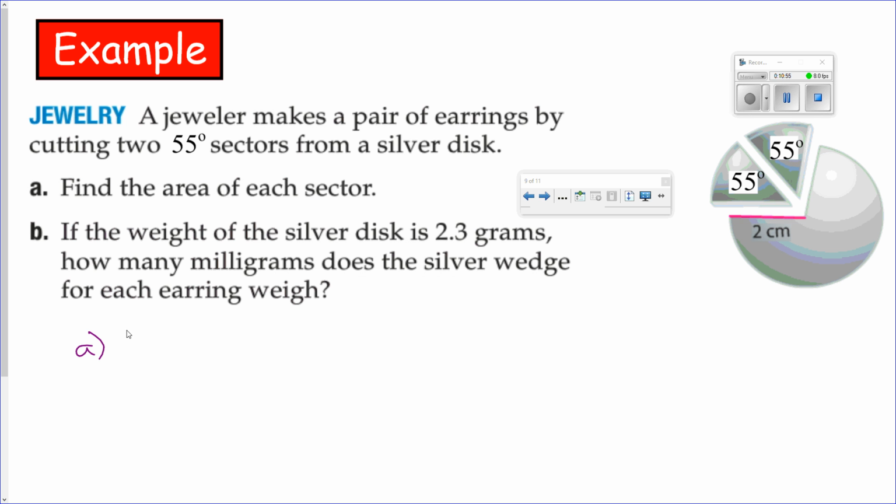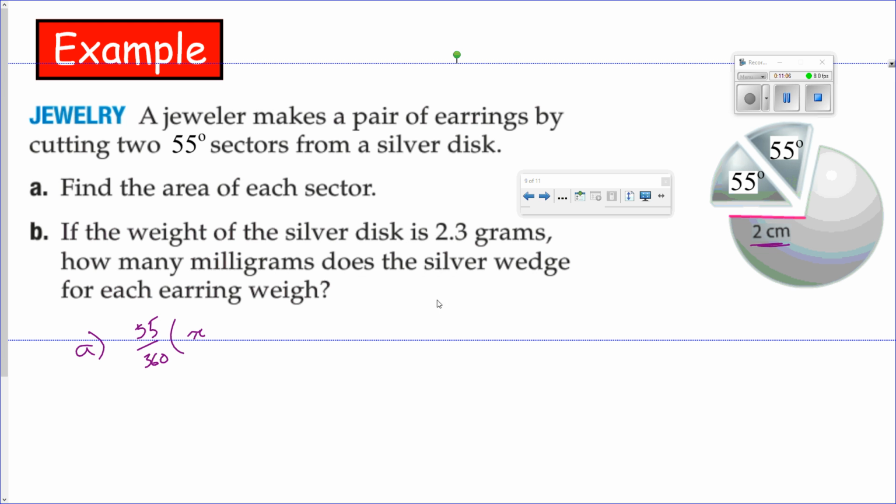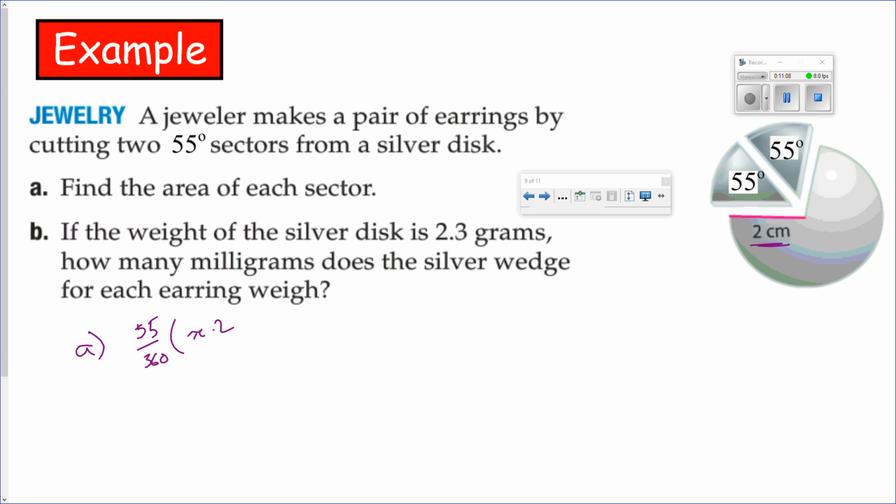Okay, for A, we need to do 55 degrees over 360 times pi. The radius, which is right here, is 2 centimeters times 2 squared. So I have 55 over 360 times 4 pi.